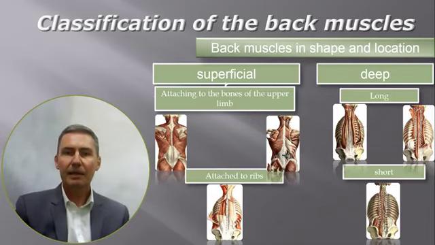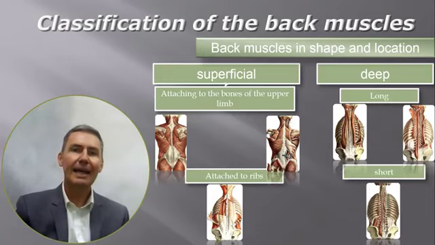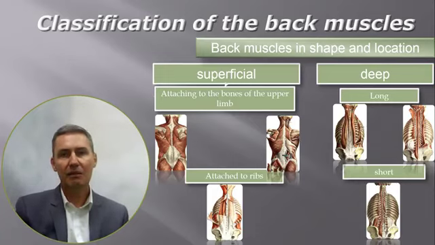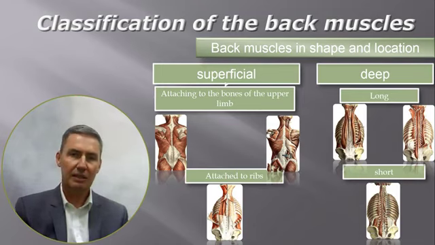Muscles of the back, according to shape and location, are subdivided into superficial and deep. Superficial muscles are heterochthonous muscles, meaning originated in the trunk and displaced to the limbs, or originated in the limbs and displaced to the trunk.